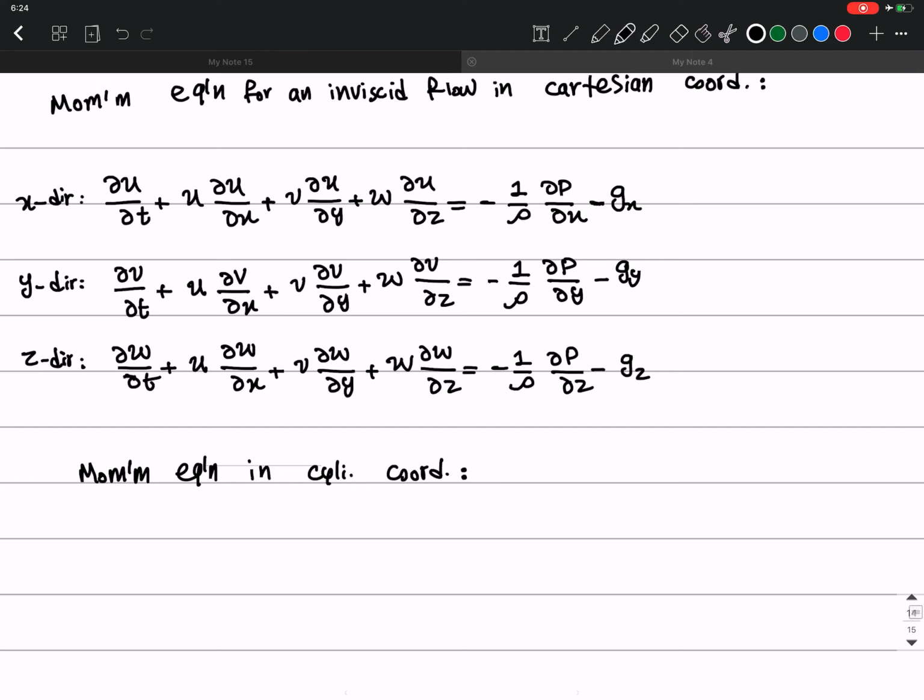So for cylindrical coordinate system, so here we had u, our velocity vector is u, v, w, and for a cylindrical coordinate system, uz is the same, or w is the same, but we also have ur and u theta, the tangential, and the radial velocity component.